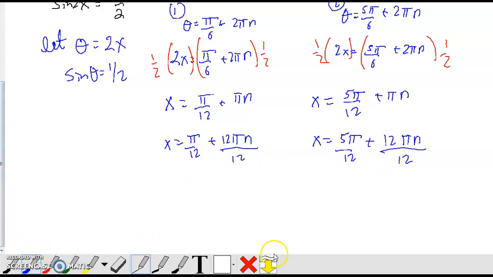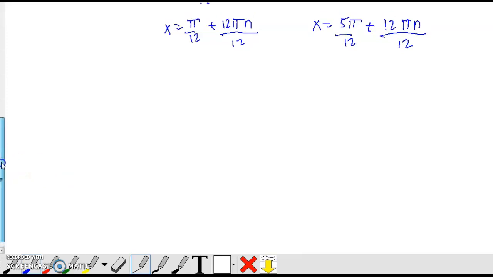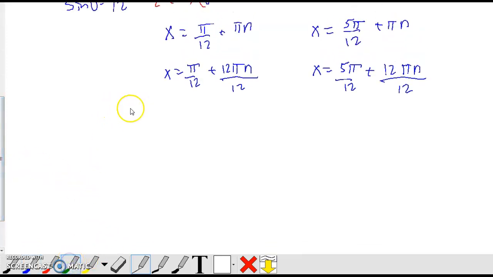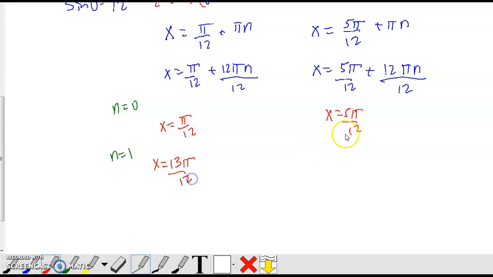All right, so let's plug in some numbers. When n is equal to 0, I'm going to get x is equal to pi over 12, and x is equal to 5 pi over 12 over here. When n is equal to 1, that would be 1 plus 12, so that becomes 13 pi over 12, and 5 plus 12 becomes 17 pi over 12.